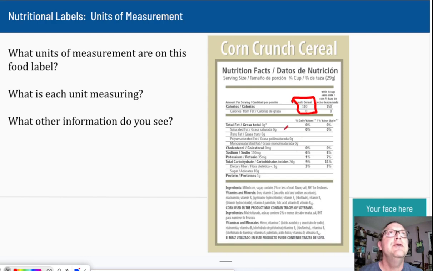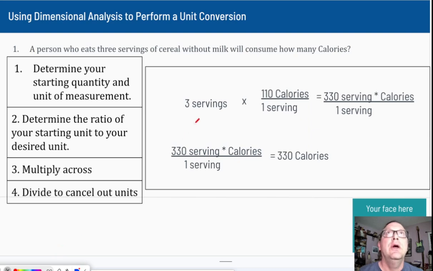And lots of you can do that calculation in your head. However, there is a process here that makes converting between units of measurement very simple, in case there are times where you cannot do it so easily in your head, and that's what I'll show you here.